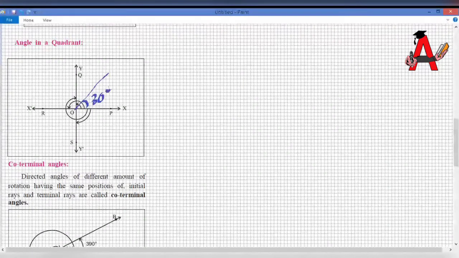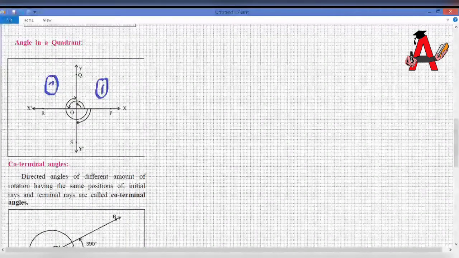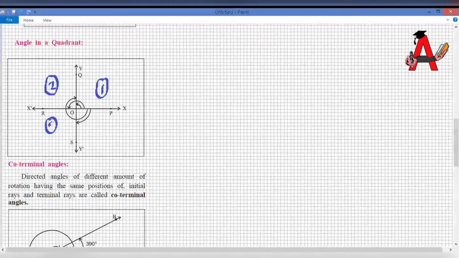This 30 degrees will be in the first quadrant, whereas beyond 90, that is 120 degrees, will be in the second quadrant. So all angles from 0 to 90 are in the first quadrant, 90 to 180 is the second quadrant, 180 to 270 is the third quadrant, and 270 to 360 degrees is the fourth quadrant.